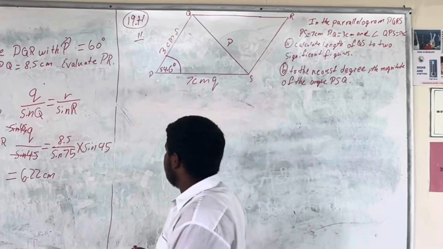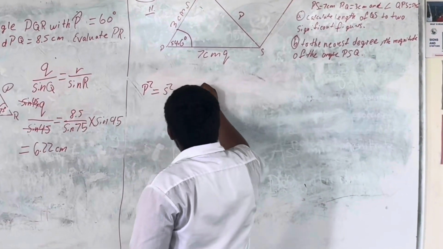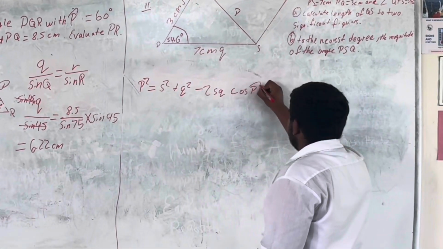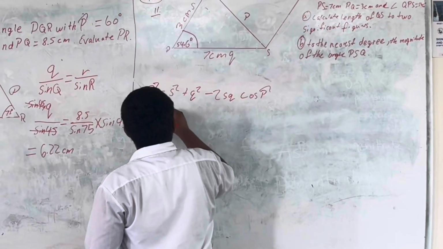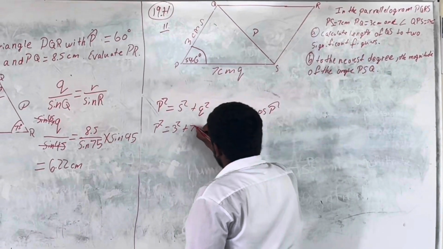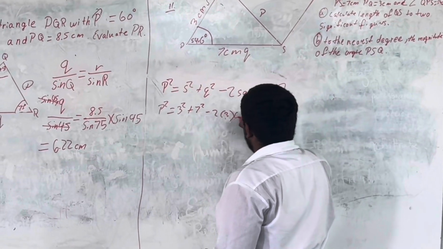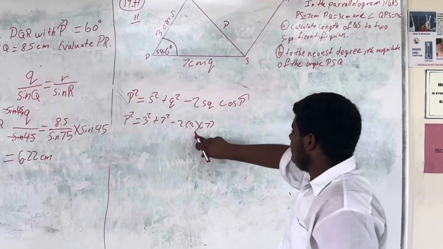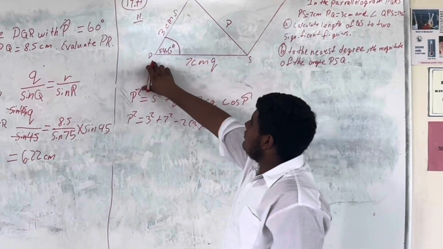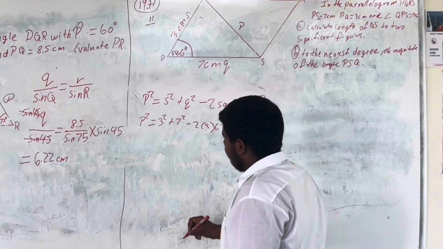To find p, we do p squared is equal to s squared plus q squared minus 2sq cosine P. Which should then be p squared is equal to s, which is 3, squared plus q, which is 7, squared minus 2 times s times q, 3 and 7 in brackets, cosine. Since we're doing P, the cosine will be of 54.6 degrees.